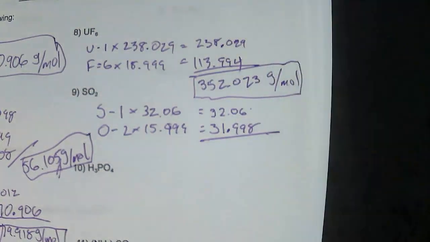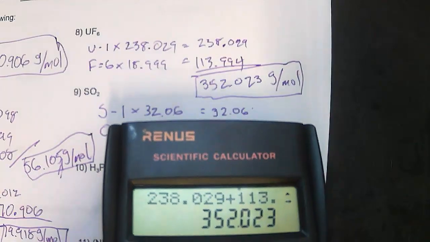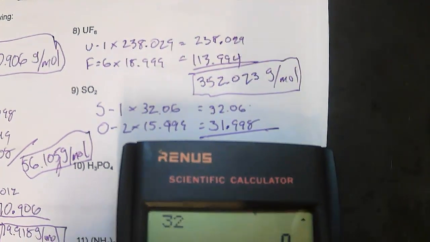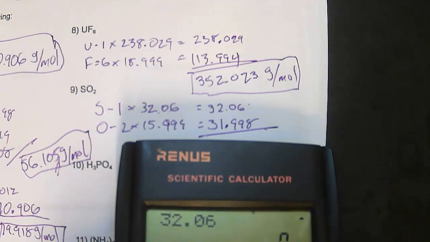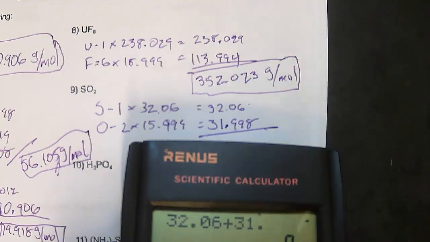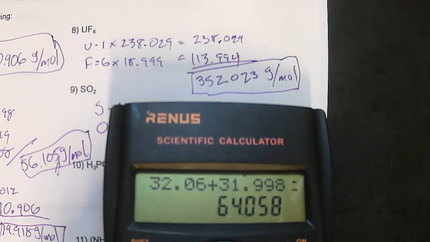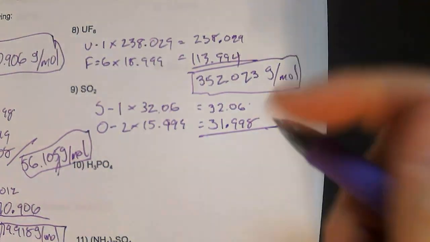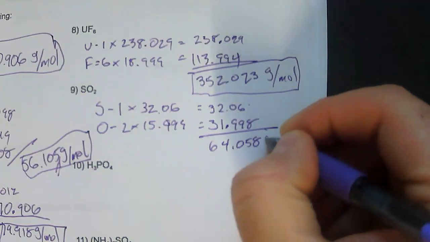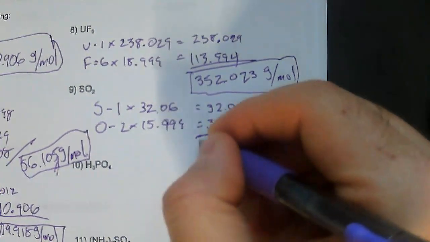And then we add those up. So we're doing 32.06 plus 31.998. 64.058. Again, units grams per mole.